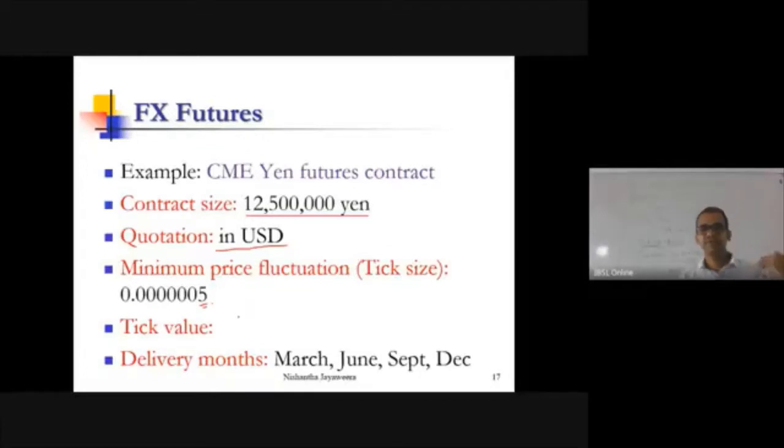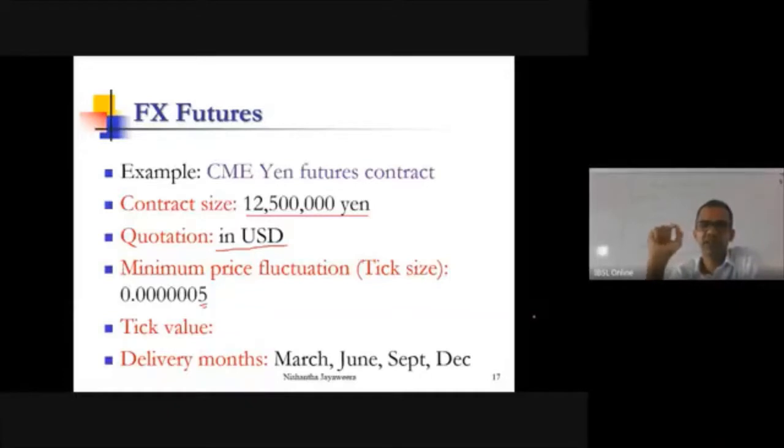So now you can calculate the tick value. If the contract size is this, and the price changes at the seventh decimal place, what is the tick value? 12.5 million times this. What is the tick value?